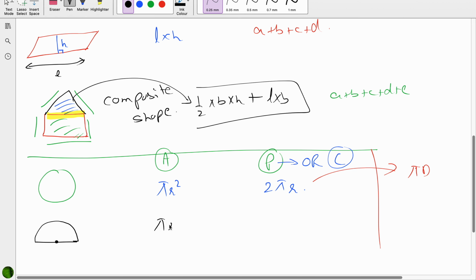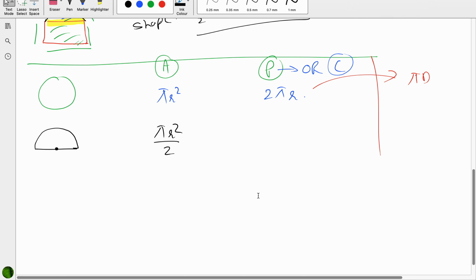area of semicircle would be pi r square by 2. Anyone, what would be the perimeter of semicircle? Pi r, this is half of it. There's more to it, plus d.